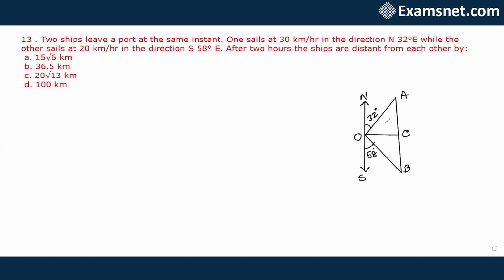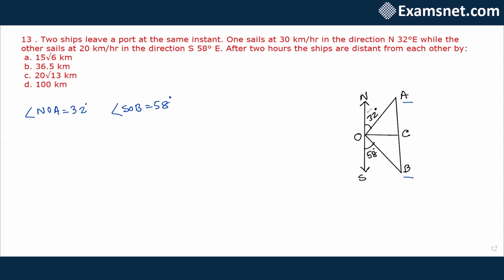So I have already done with the construction. Let's say the two ships started from the point O at the speed of 30 km per hour and 20 km per hour respectively. After 2 hours, they reach the points A and B. Here angle NOA is 32 degree and angle SOB is 58 degree.